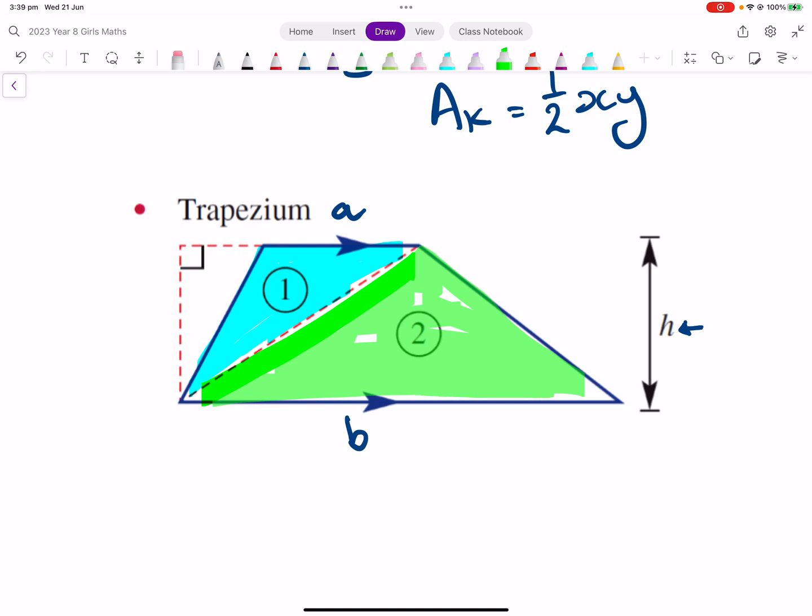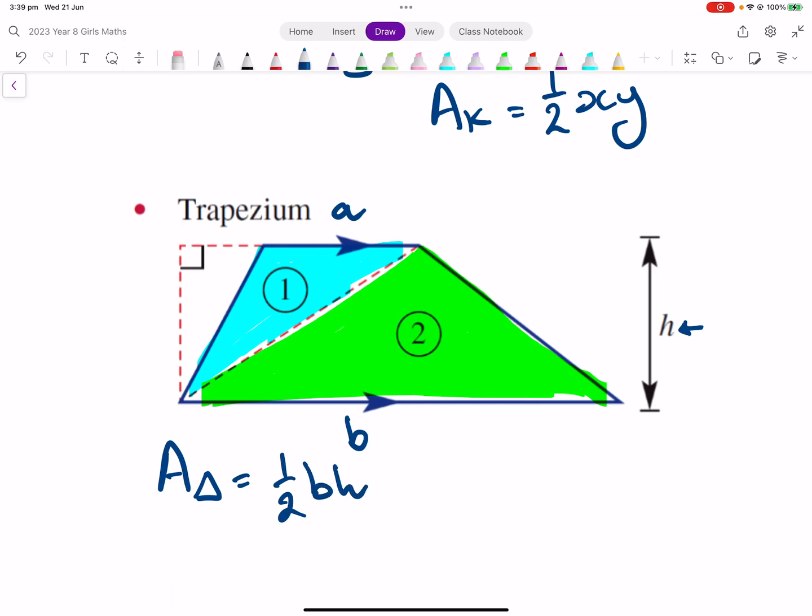And how do we work out the area of a triangle? I might draw a triangle there. The area of a triangle is just a half base times height.